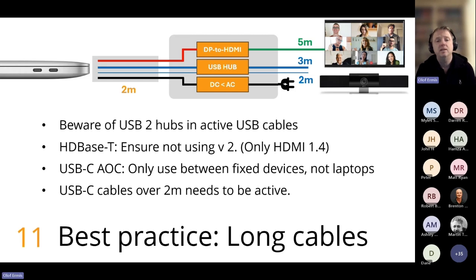USB 3 can do 3 meters passive, and DisplayPort can do 2 meters passive. Since the USB-C cable has all these protocols, it's the DisplayPort's 2 meters that defines the max length of a passive USB-C cable. So regardless of how much copper you put in the cable or how good, quote, cables you put in there, 2 meters is the standardized maximum.